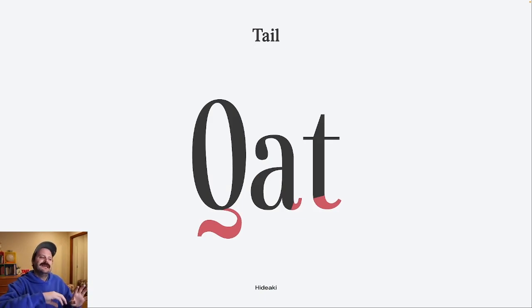The tail really doesn't refer to one specific thing, but rather a fancy little flourish at the end of a letter that isn't necessarily part of the stroke, but an extra little continuation, if you will. So the most famous tail is that on the Q, but also the lowercase a, oftentimes the lowercase u, and the lowercase t all also have little tails.